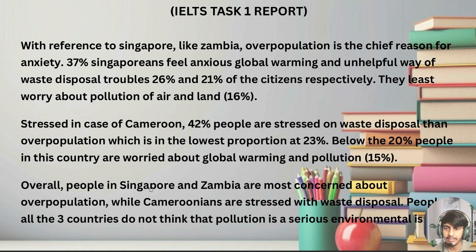So you have to write, people in all three countries do not think that pollution is a serious environmental issue. This sentence identifies a common trend and mentions all three countries together. Perfect way to start and end Task 1.